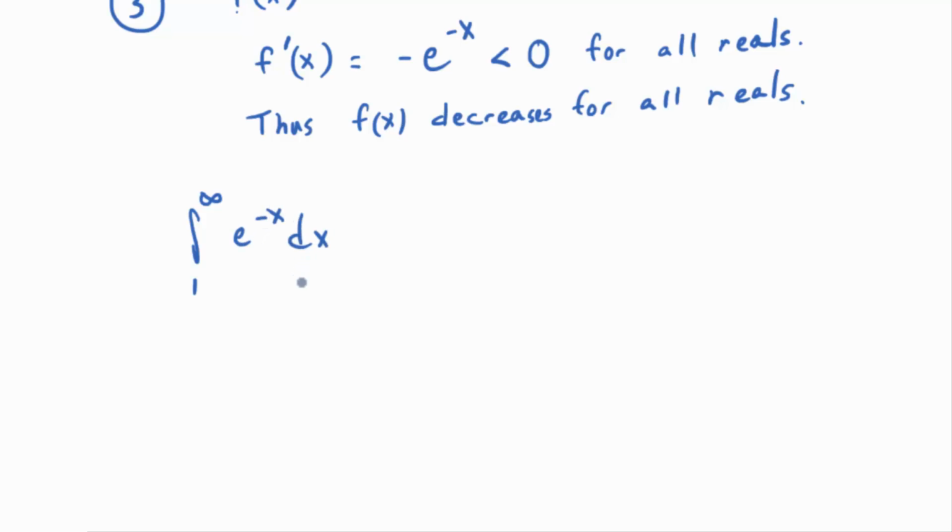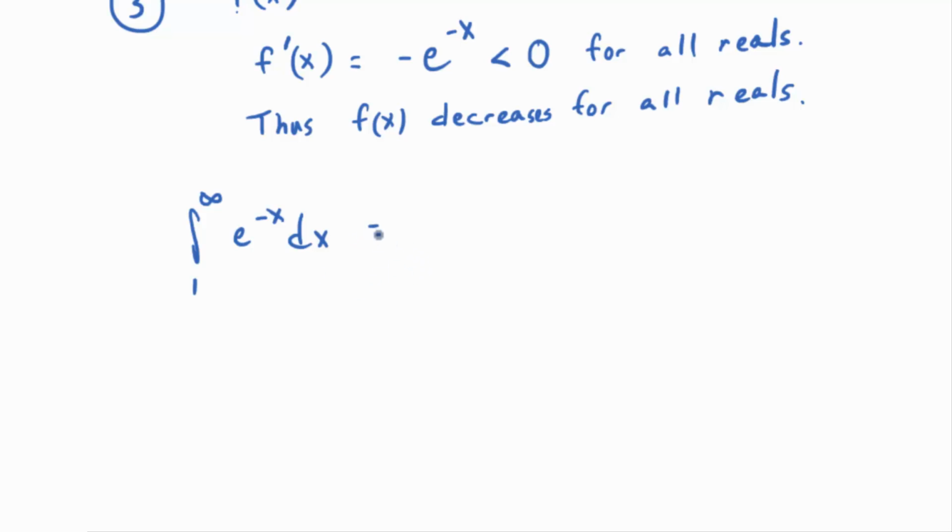So here's good review for the test, right? This is an improper integral. This is something you need to know how to do on the test tomorrow. If it's tough to find the antiderivative, then you might want to do that separately, but here it's not tough. We're going to do it all in line.